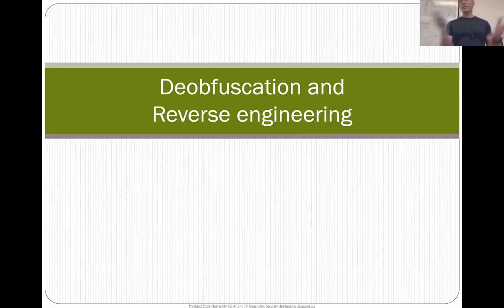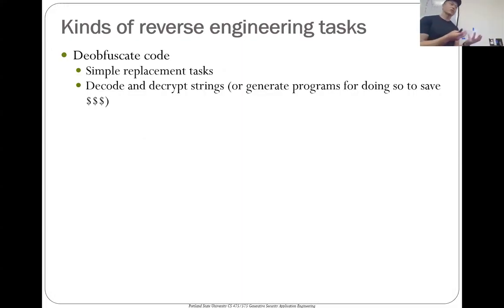Okay, so that's the code documentation, summarization, and classification. The next half of the labs focus more on deobfuscation and reverse engineering unknown code. So the first kind of task that you're going to be doing is to deobfuscate code. Malware is often encoded or obfuscated to prevent people from understanding what it does. And so you're going to see whether or not the LLM is good at simple replacement tasks where they've just renamed all their symbols.